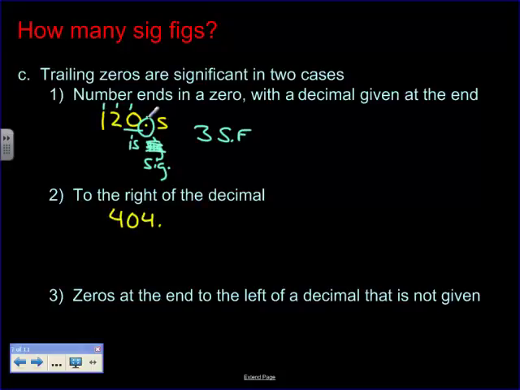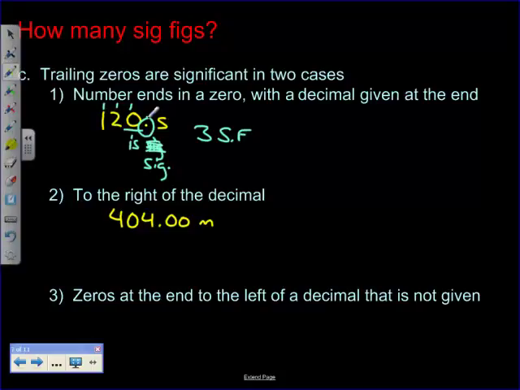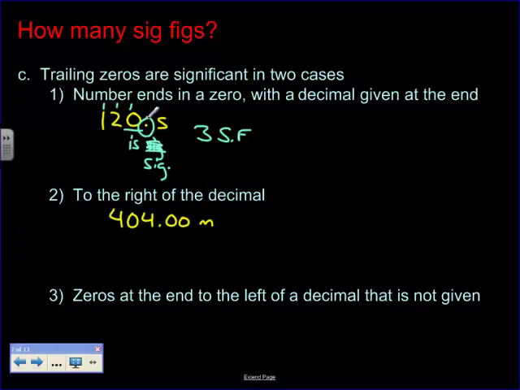So if we're talking about zeros to the right of a decimal, in this case, we got 404.00. If they're to the right of the decimal, they're there to show the precision of the measurement. And that means they are significant. We know that the 0 in between the 4s is significant. It's captive.